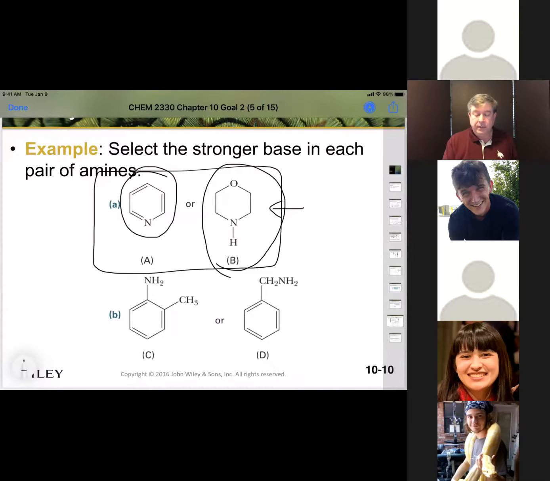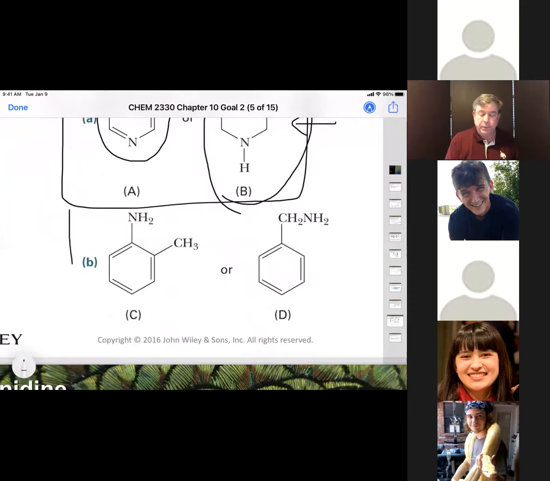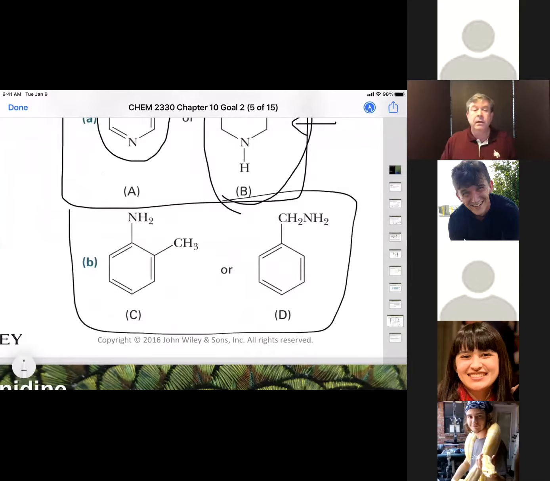Okay. All right, so let's make them both have benzene rings on this one here. Which is it going to be, C or D? Chat room still open. Okay. So in this case, you might be tricked because, oh, there's a benzene ring, okay? But we have to look at where the amines attach.